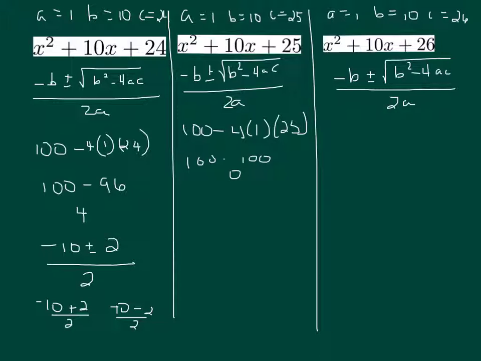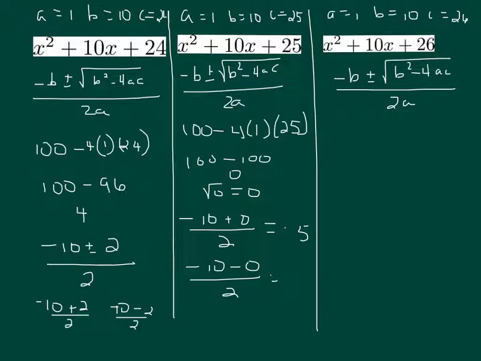Now the square root of 0 equals 0, right? So I get negative 10 plus 0 divided by 2, and I'm also going to get negative 10 minus 0 divided by 2. So that gives me negative 5, and that gives me negative 5.